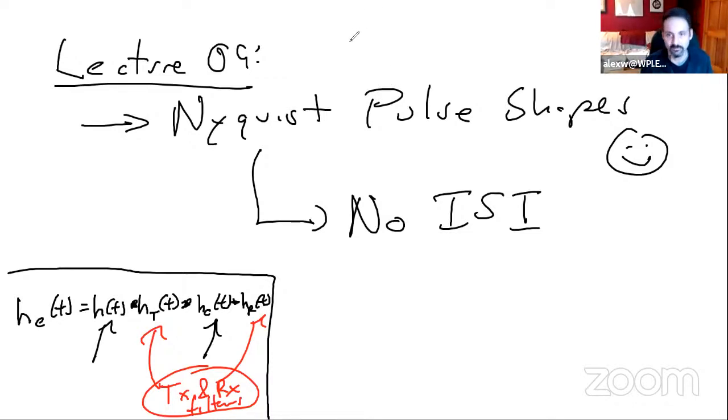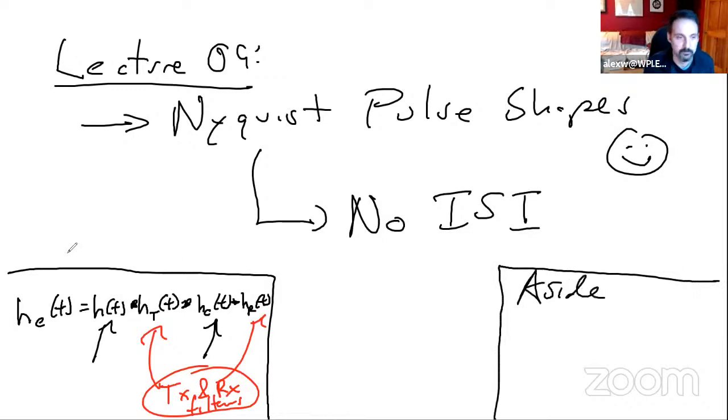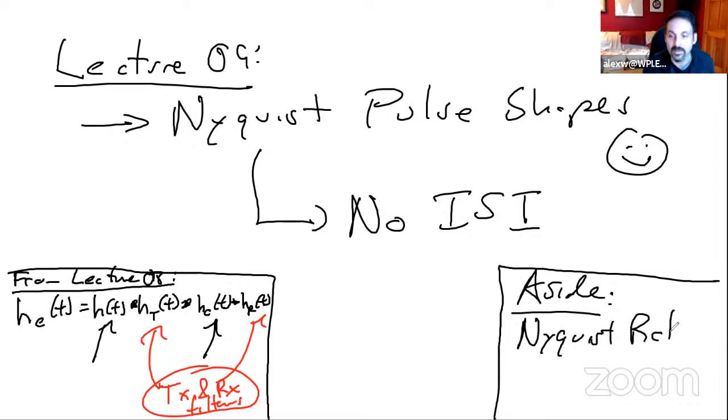Just as another aside, that's also from lecture 8. On the side, we also know about the Nyquist rate, which should have been from discrete-time signals and systems, and that is a separate entity.